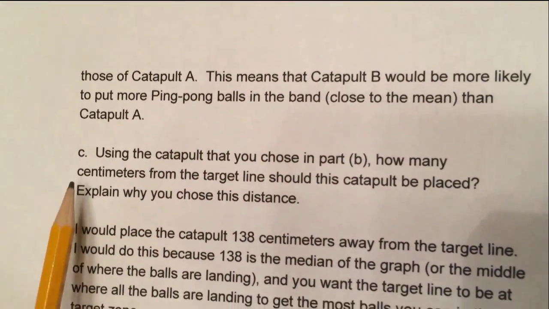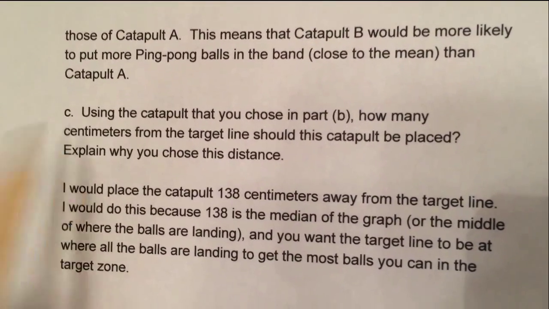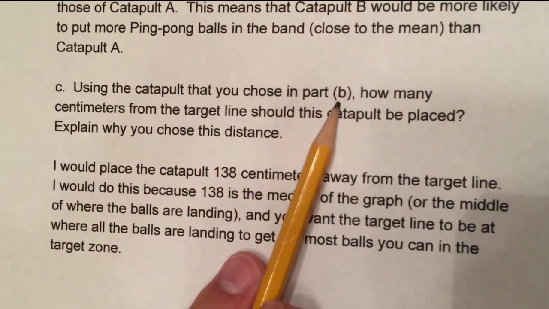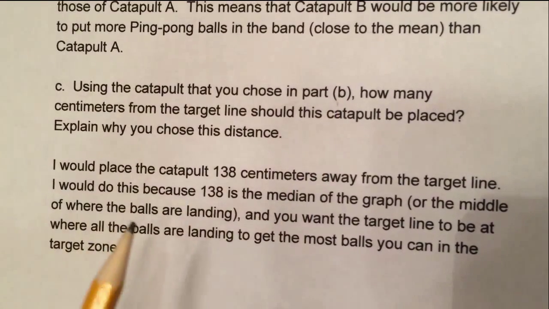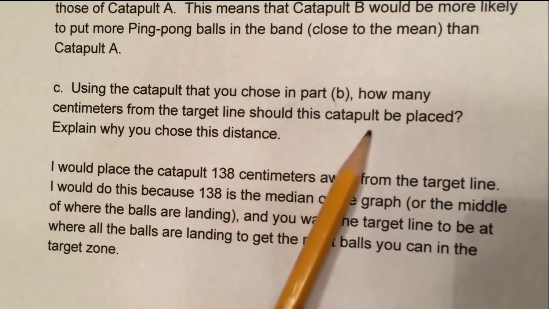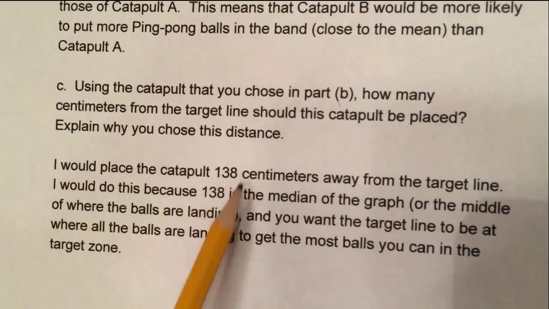Okay. So moving on to question C. Using the catapult that you chose in part B, which was catapult B, how many centimeters from the target line should the catapult be placed, and explain.